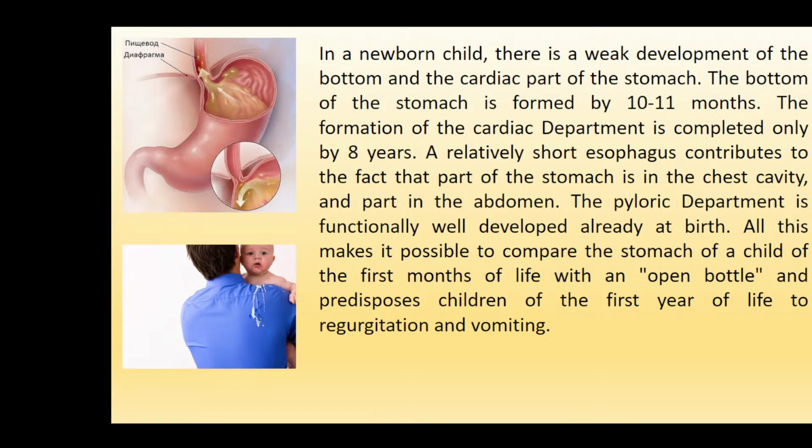The pyloric department is functionally well developed already at birth. And all of this makes it possible to compare the stomach of a child in the first months with an open bottle, and predisposes children of the first years of life to regurgitation and vomiting.